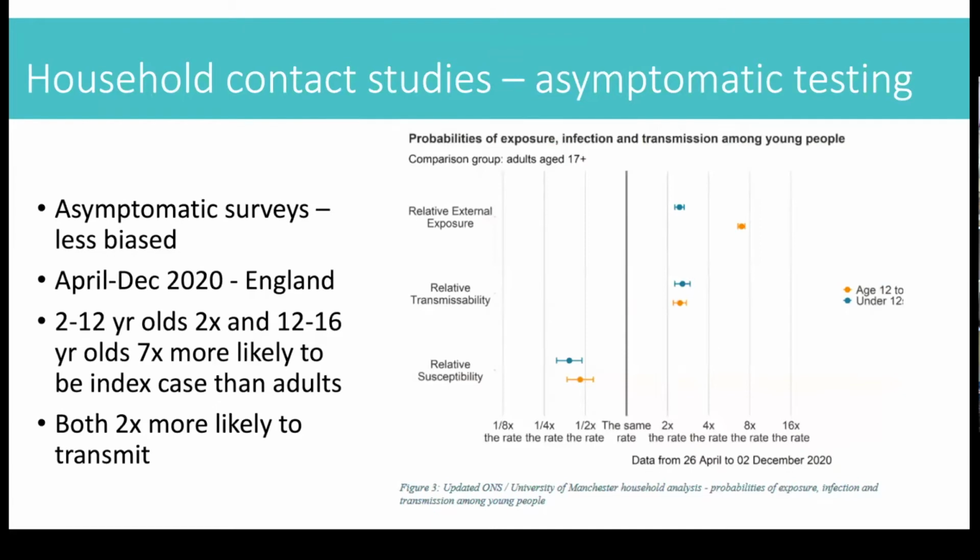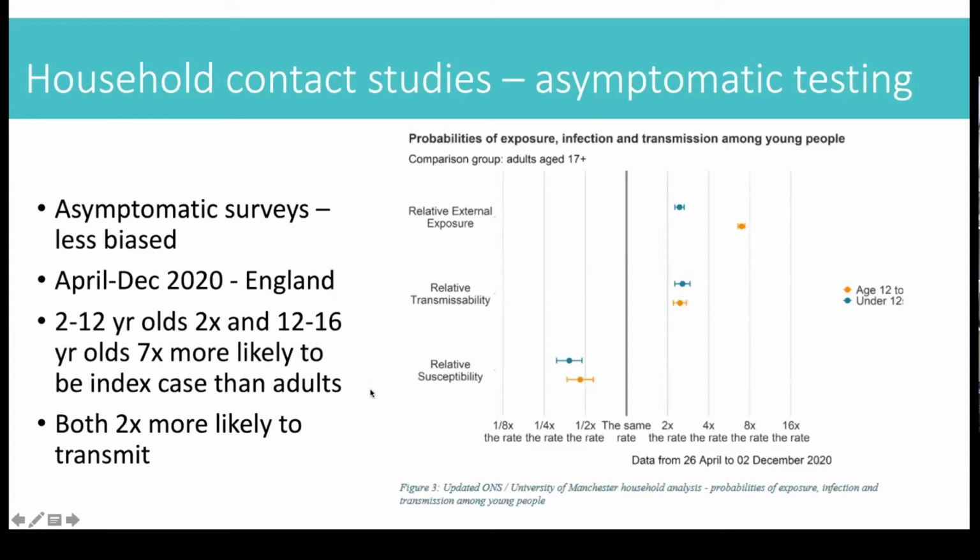There were many other studies that showed this, and I'm not going to go through them. But this is our own data from England, where the ONS survey, which did household contact study modeling, showed that children were far more likely to bring infection into a household than adults, between 2 to 7 times more likely than adults, depending on their age group, and 2 times more likely to transmit to household members than adults.